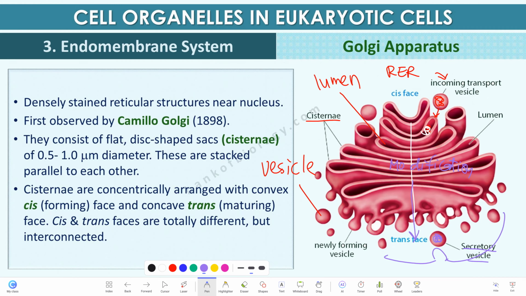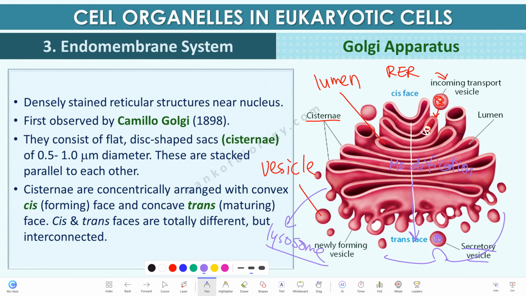Lysosomes are produced by Golgi. That's another function. And this phase has a name. It's called cis phase. What is cis phase? Where vesicles fuse with the Golgi. What is this called? Trans phase. Is it good?